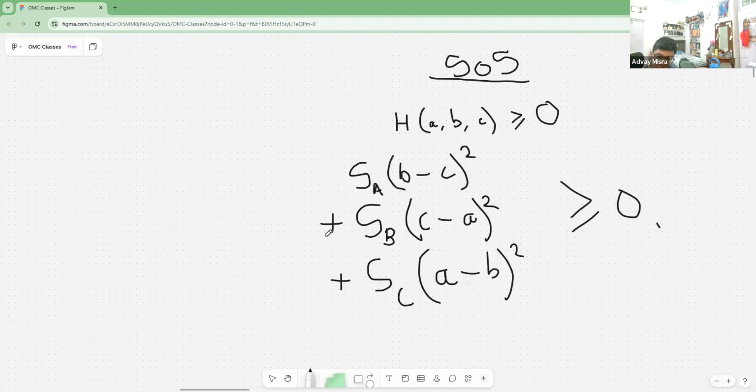Now the good thing about writing it this way is that it's very easy to add different inequalities, and in particular we can add together two inequalities that are in different directions and measure which one is stronger.